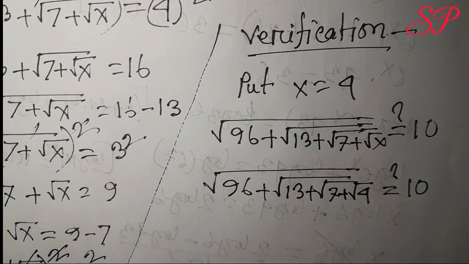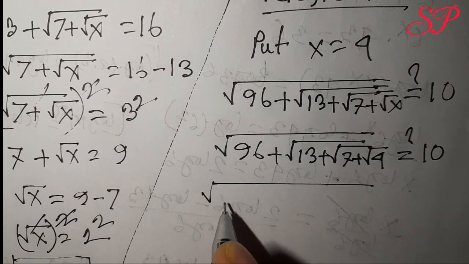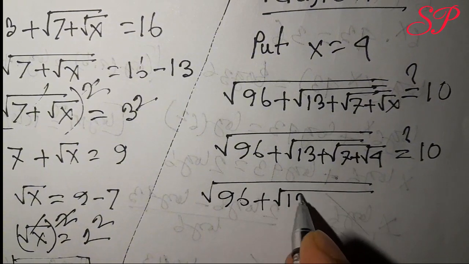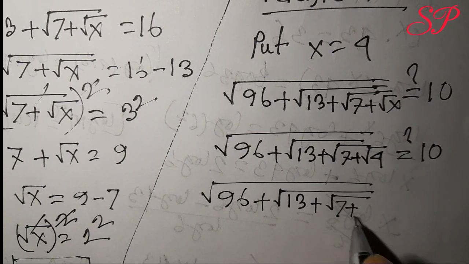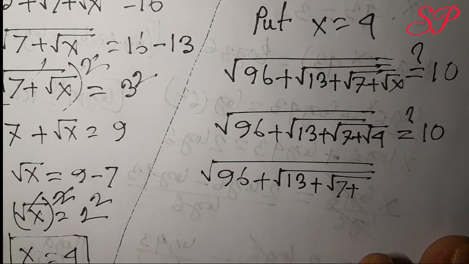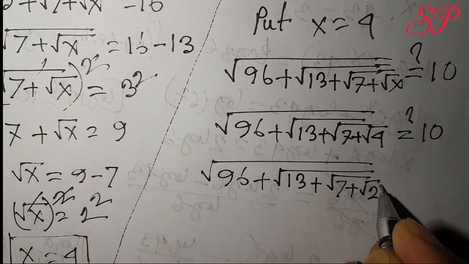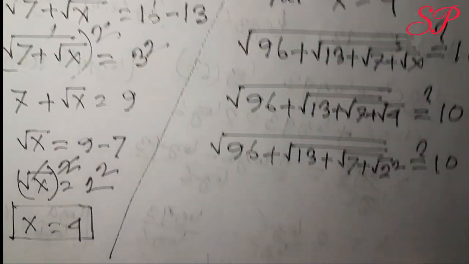Here we use the integration sign. 96 plus root 13 plus root 7 plus, we know the square root of 4 is equal to 2. Square root of 2 is equal to 10.